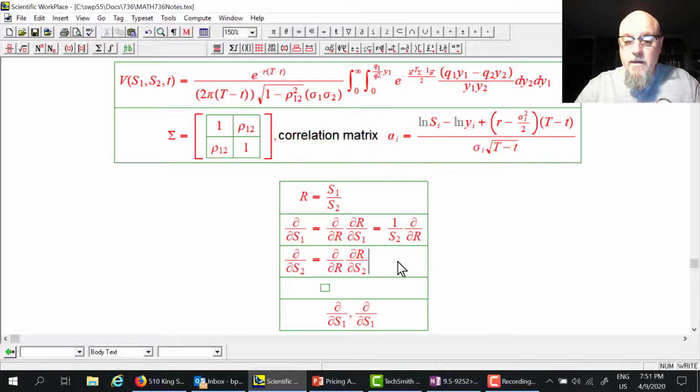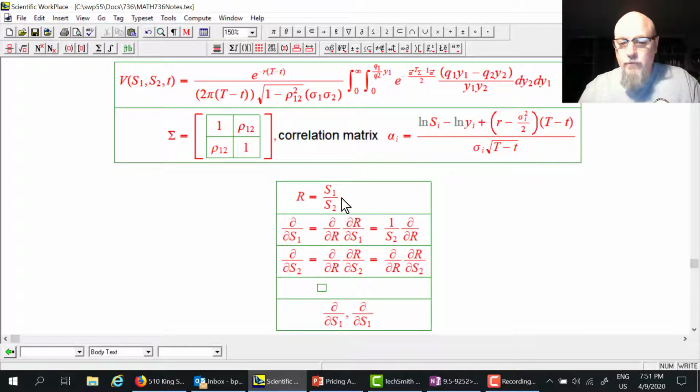Let's do the same thing here. I need the derivative of R with respect to S2, treating S1 as a constant. So that's going to be a negative S1 over S2 squared.